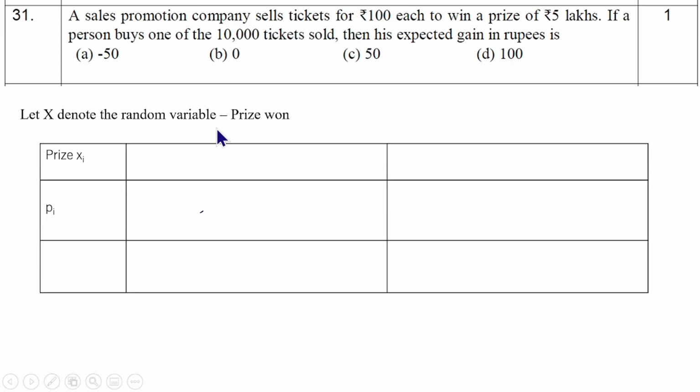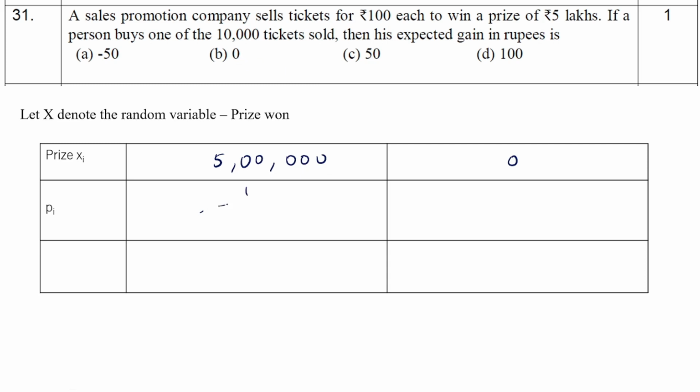So let x denote the random variable, the prize won. It means the various values which this random variable can take. It will be either 5 lakhs or 0. Now the probability of getting a prize of the amount 5 lakhs is 1 in 10,000.